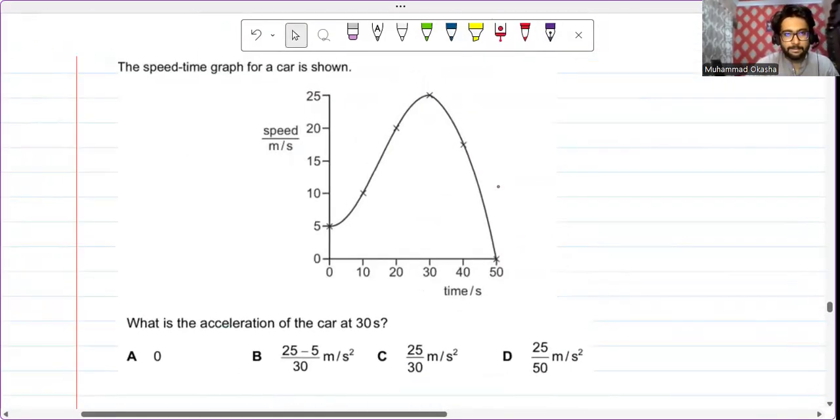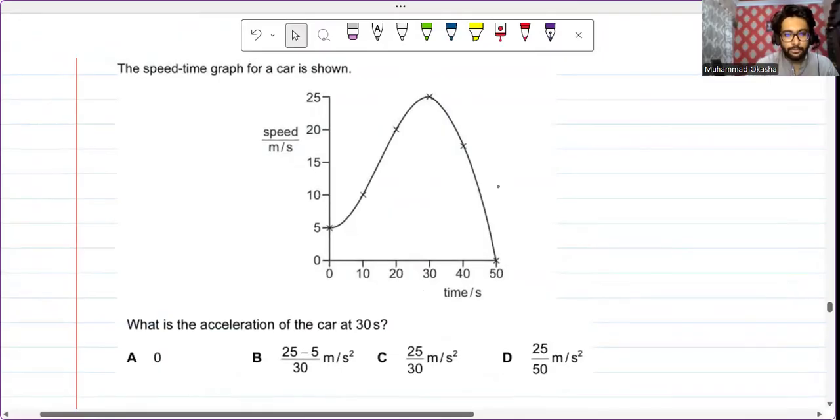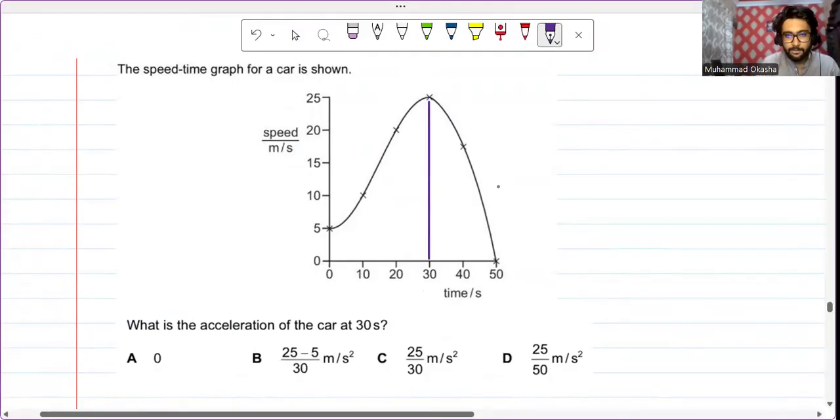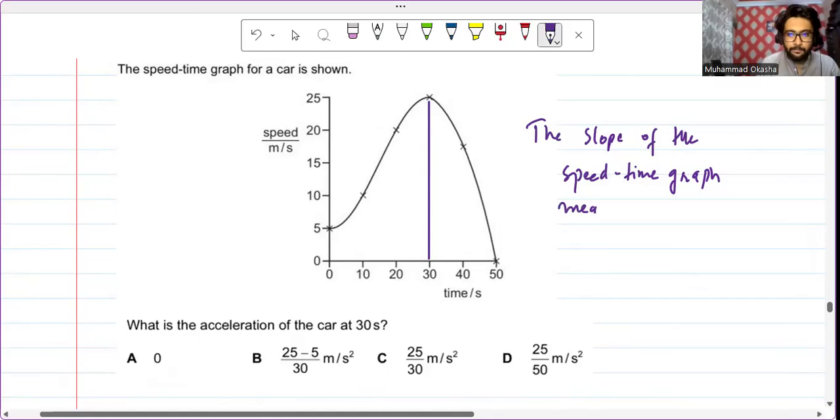Right. The speed time graph for a car is shown. What is the acceleration of the car at 30 seconds? Let's see. At 30 seconds, if you remember, the slope of the speed time graph measures acceleration, right?